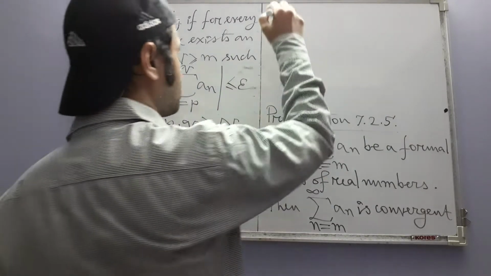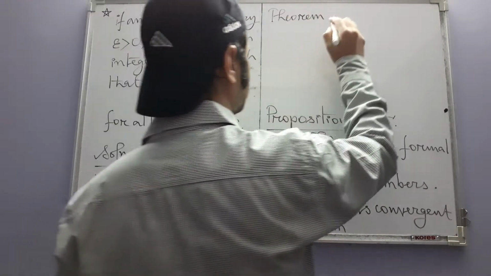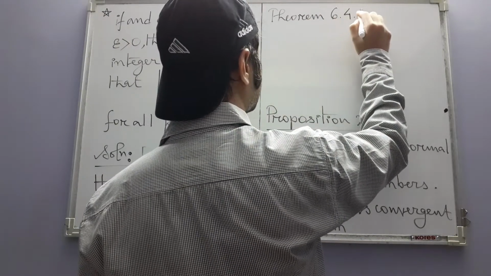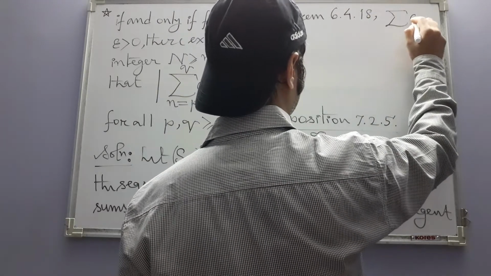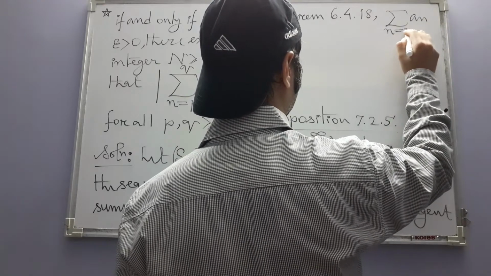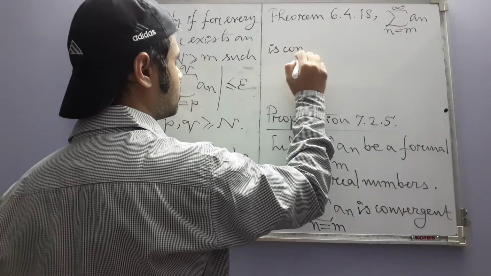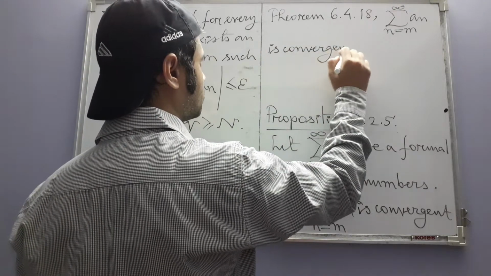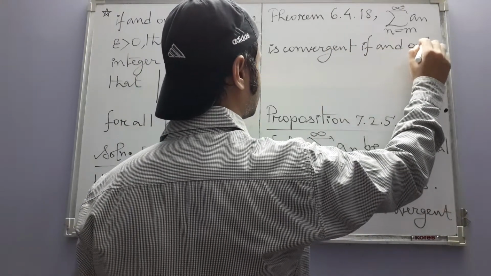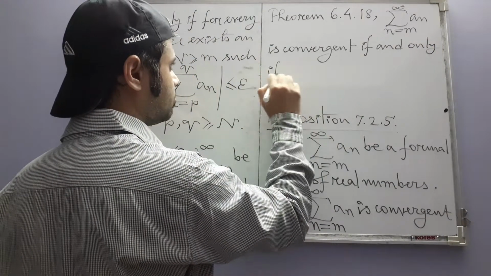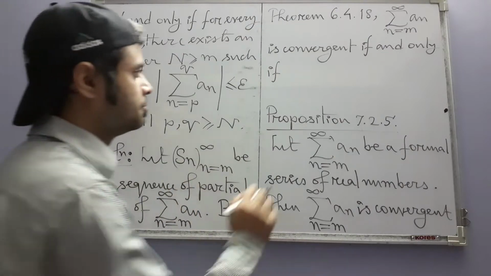By theorem 6.4.18, this is convergent if and only if this is convergent, and hence this is Cauchy.